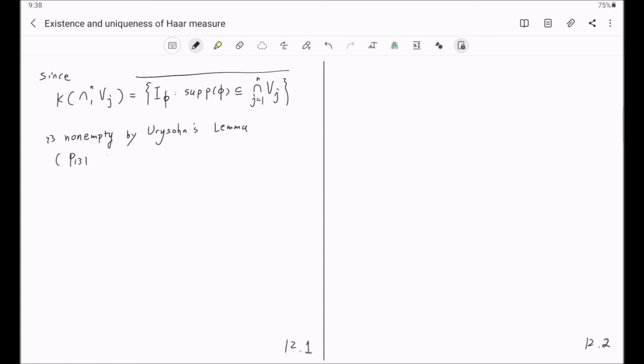this is on page 131, section 4.32 of Folland's Real Analysis. By Riesz's lemma, the set is non-empty because we can produce a phi that is compactly supported and non-zero whose support is contained in this non-empty open subset.